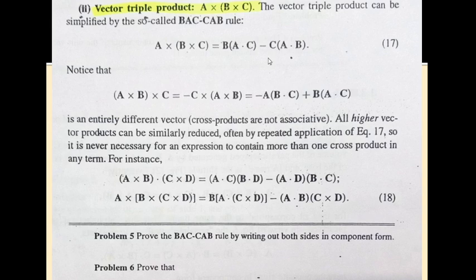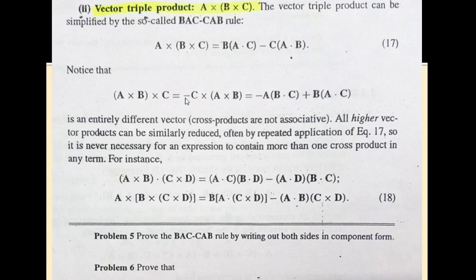In the same way, it cannot be easily written like A cross B cross C. You cannot write directly C cross A cross B because the direction will be changed, so it's a negative. When you take the product of A cross B with C and interchange the location, so that C comes first and A cross B comes later, the bracket is first and C is later.